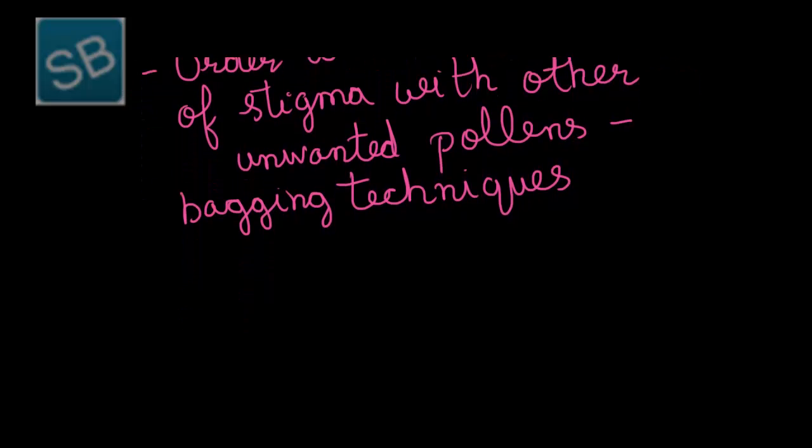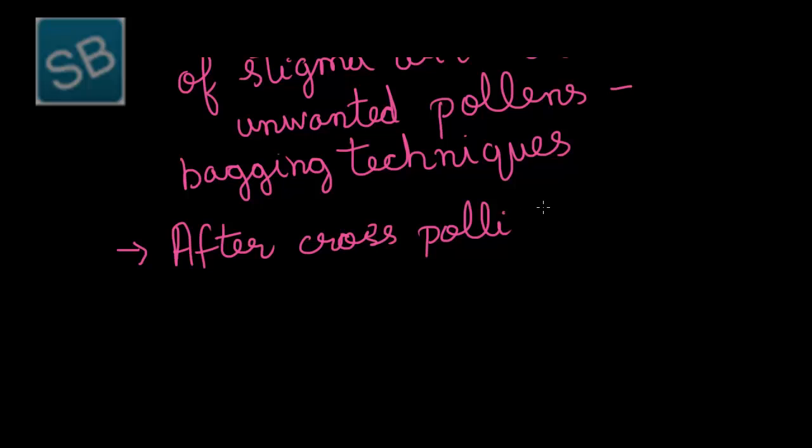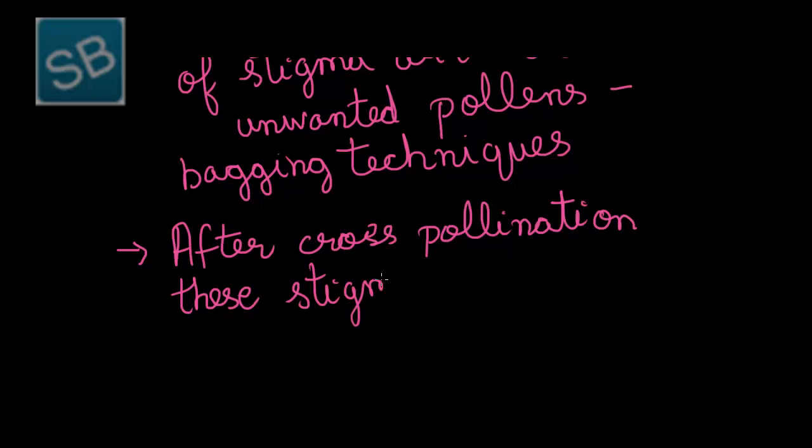Thus, in both unisexual and bisexual flowers, after the process of cross-pollination, the stigma of the flower are rebagged. Because these stigma are still sensitive to the environment, in order to avoid contamination, they are repacked for some time.